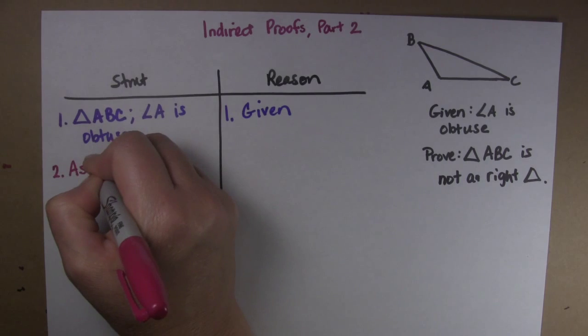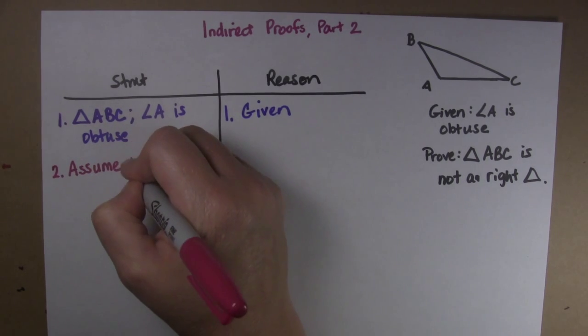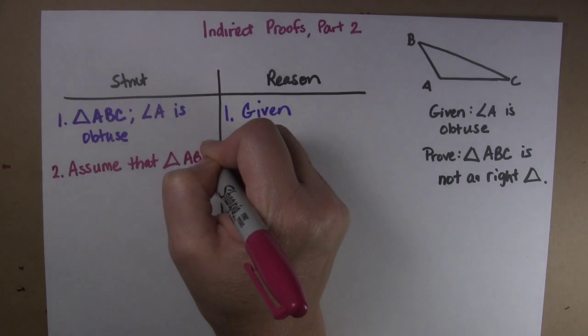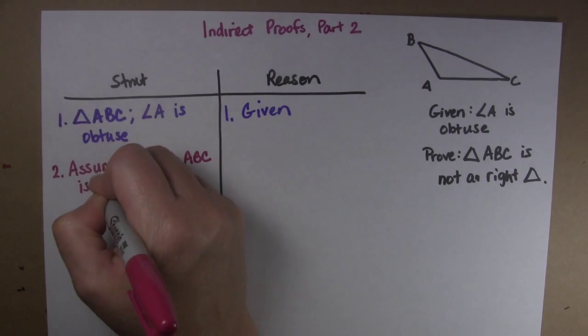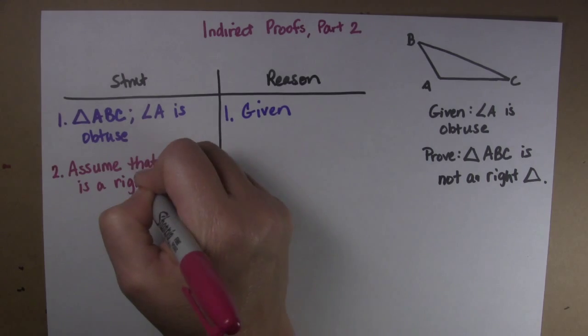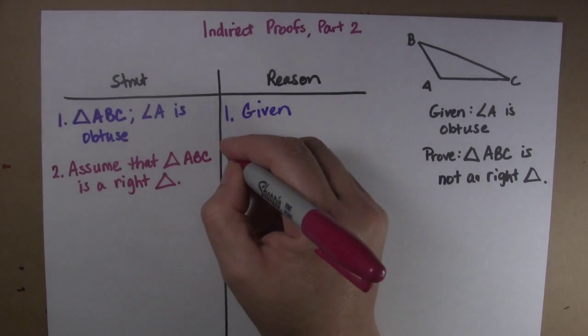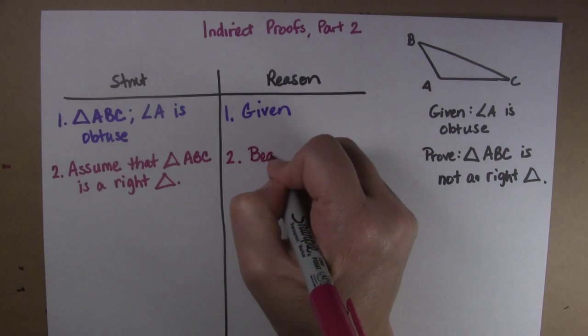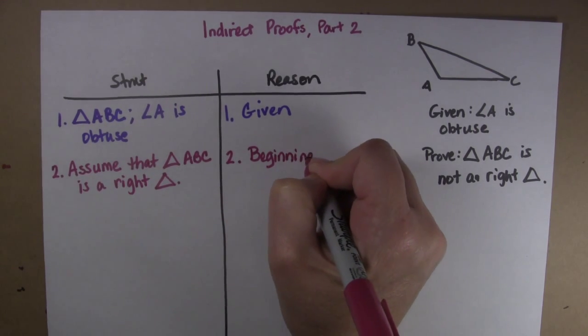Okay, so our second step is going to be our amazingly awesome new step, which is an assumption step. We are going to assume that triangle ABC is a right triangle. And the reason that we put there is the beginning of an indirect proof.